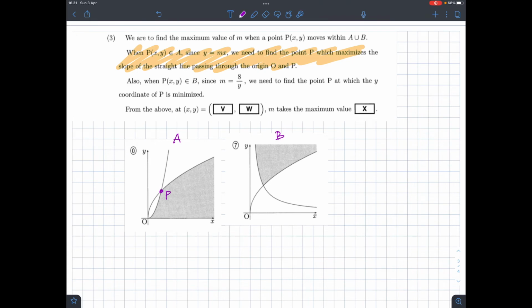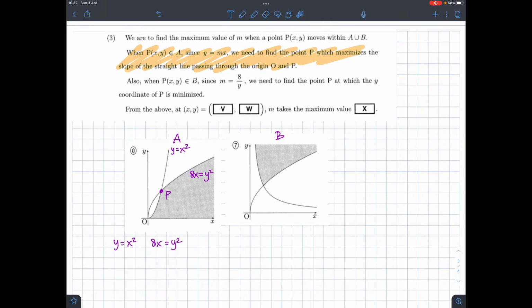I think this is y equals x squared, and this is 8x equals y squared. You can find it by eliminating y.